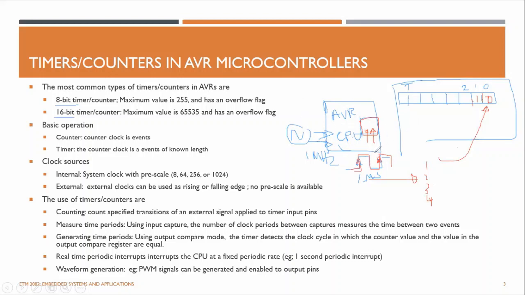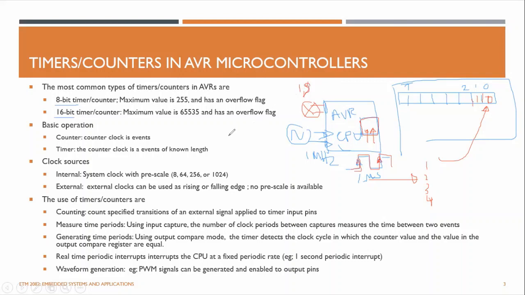For example, now I have a sensor, or let's say I have an LED bulb, right? So I want to turn this on every 1 second. I want to turn this on and off, like blink this LED. Normally, what we did earlier was using a delay function.